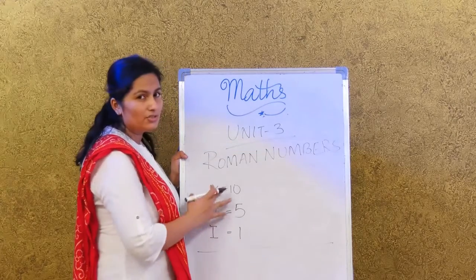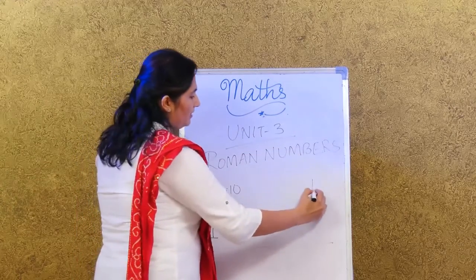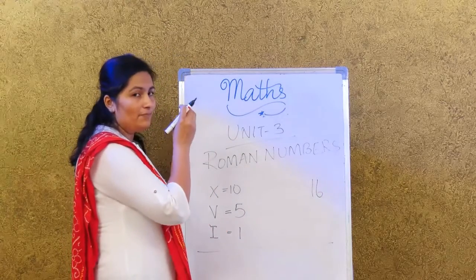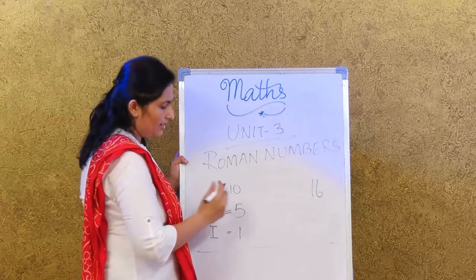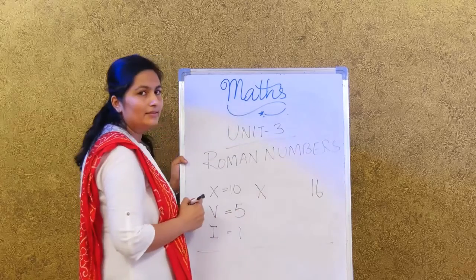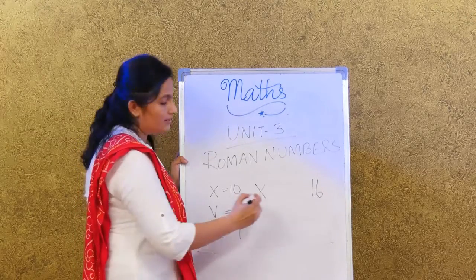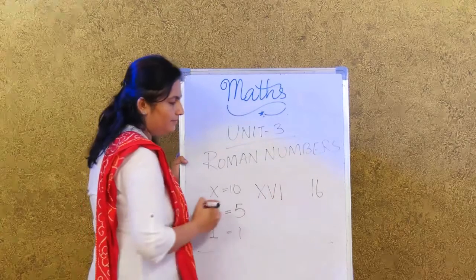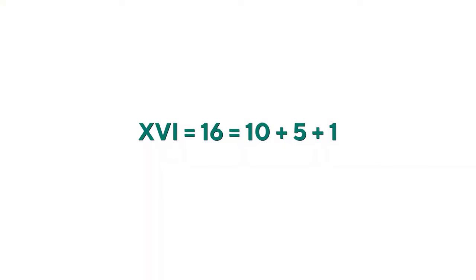So we are going to use these to form our number 16. We learned that we arrange from largest to smallest. So which is the largest? X. Then the next largest is V. Then is I. That is equal to 16, that is 10 plus 5 plus 1. That is the second rule.